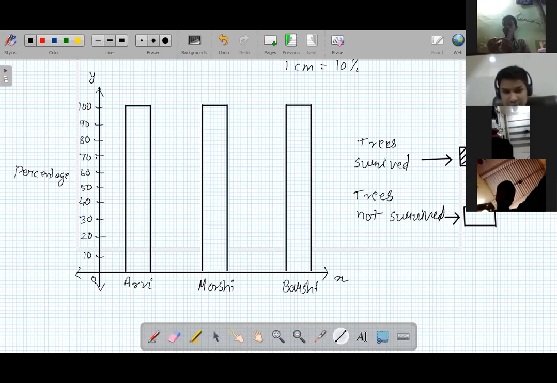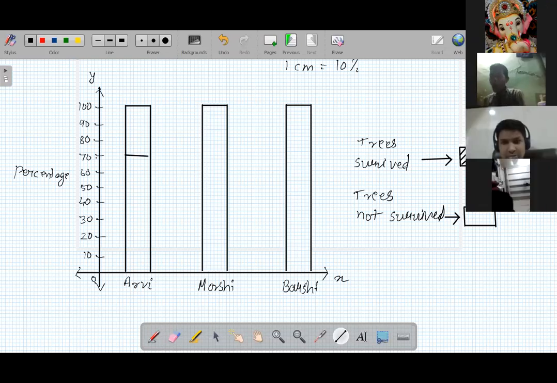Okay. Now, in Arvi, what is the percentage of trees survived? We just calculated it. What was it? 70. So you put a bar at 70. So 70% survived, remaining not survived.